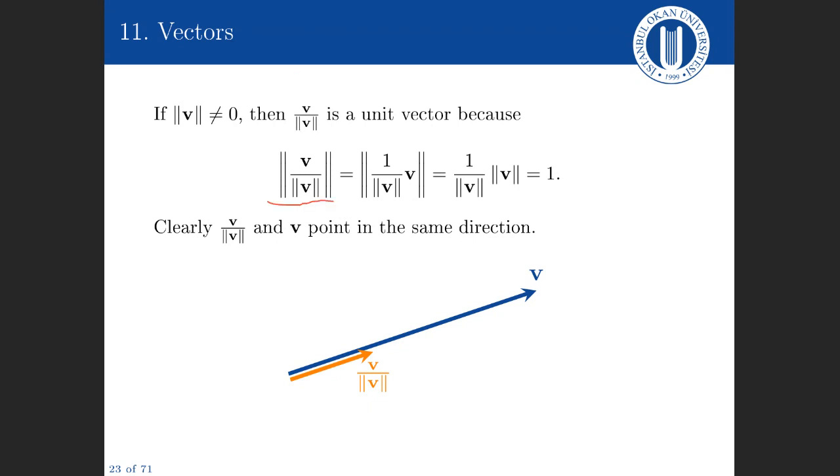Because we can calculate the norm of v divided by the norm of v, which of course is just 1 divided by the norm of v multiplied by the norm of v, or 1. So what we have is two vectors which point in the same direction. Vector v and vector v divided by the norm of v are pointing in the same direction, but the length of this orange vector is equal to 1.